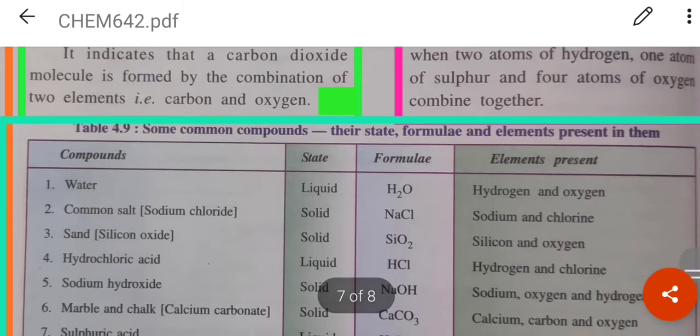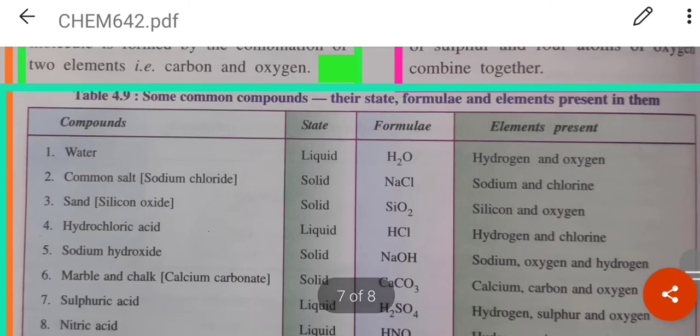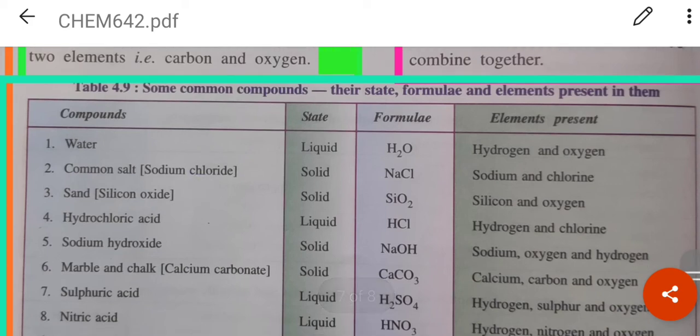Now here you can see some common compounds, their state, their formulae and the elements present in them. Water is a liquid. Formula is H2O, elements present hydrogen and oxygen. Common salt, which we add daily to our food, is chemically known as sodium chloride. Formula is NaCl, elements present are sodium and chlorine.